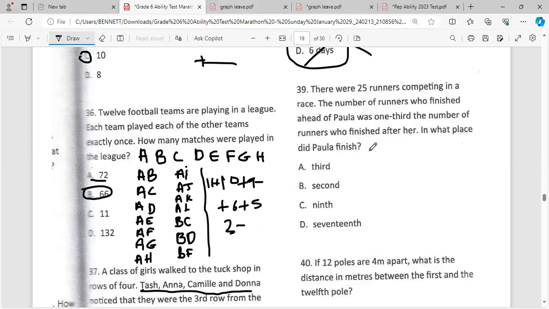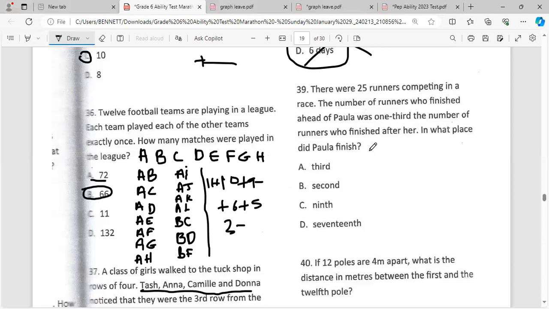Let me read it again, guys. Oh, I guess they're saying 1/3 finished before her and 1/3 finished after her. Sure, you'd have to find 1/3 of 25 first. Well, of 24, because you have to exclude her.